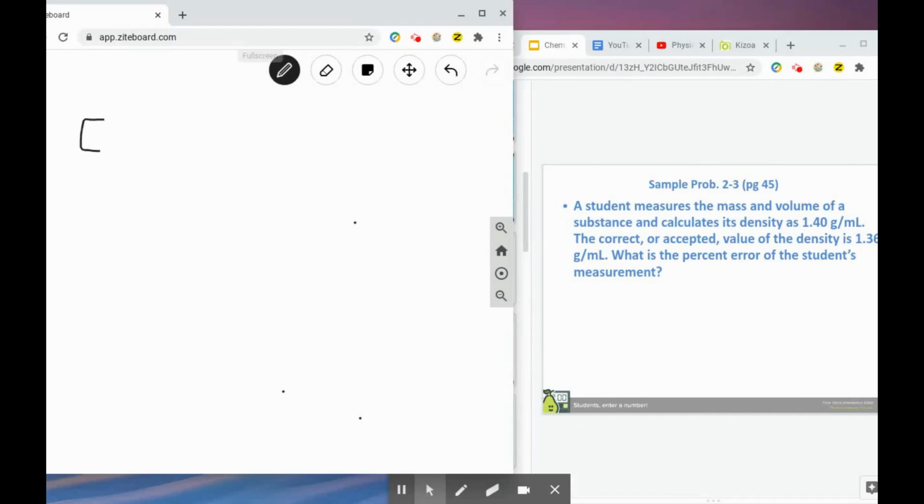So we write experimental value is 1.4 grams per milliliter. The correct or accepted value of the density is 1.36 grams per milliliter. So accepted value is 1.36 grams per milliliter.